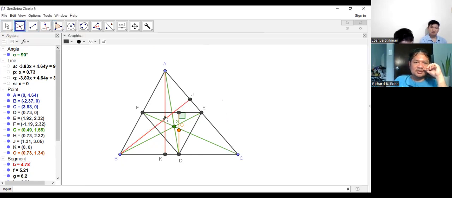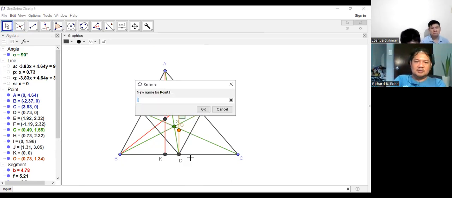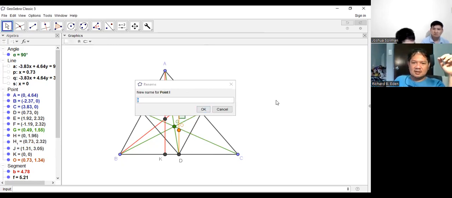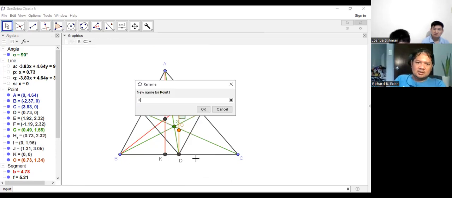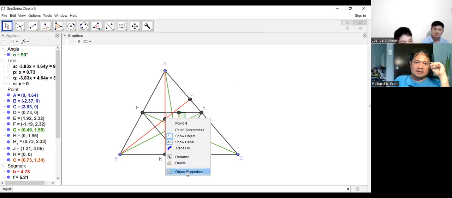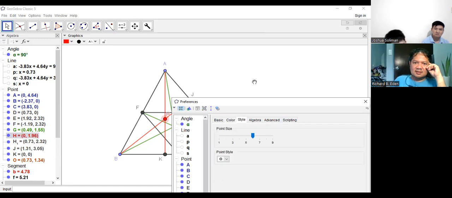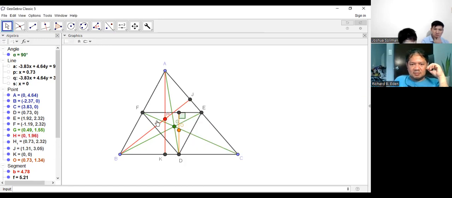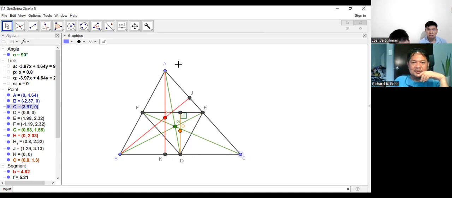And then on intersection here, that's going to be the orthocenter H. Rename H. Okay. And then red. Okay. Medyo kumpul-kumpul ng mga points. Let me see if I can, they're too crowded.